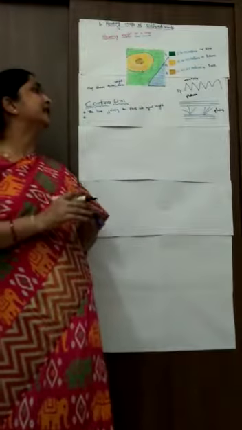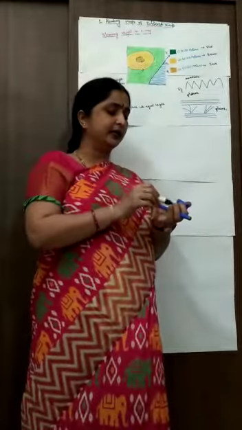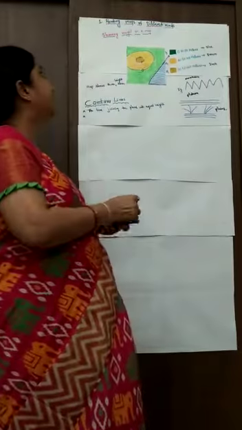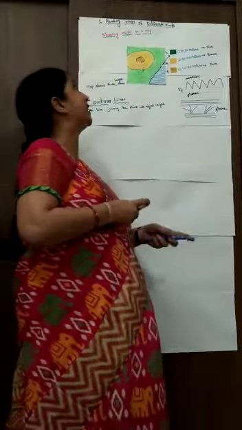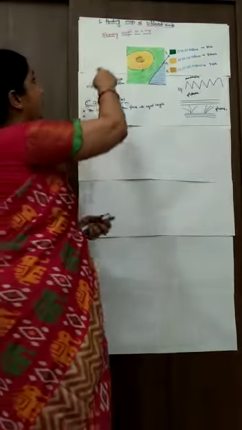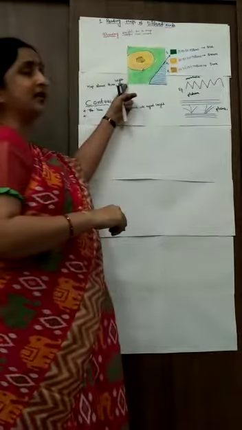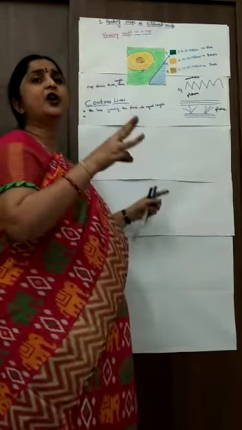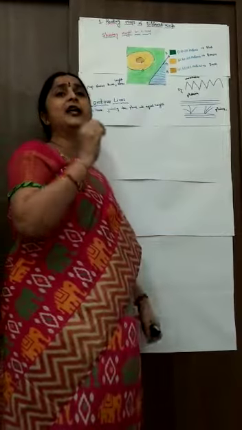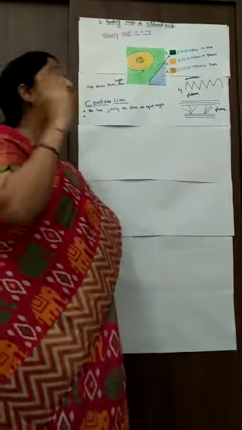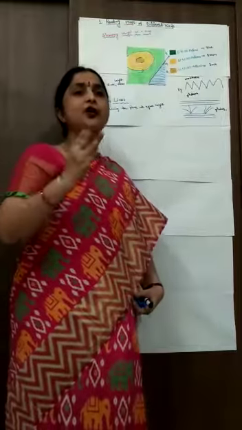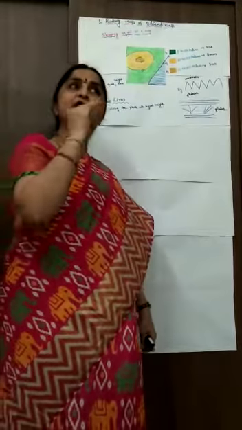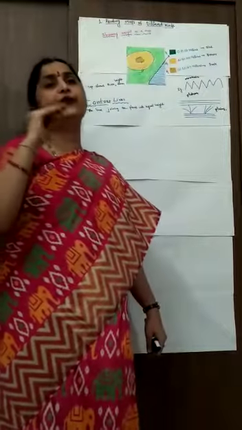So we have completed this lesson in this class. What is the lesson name? Reading of maps and different kinds, showing the height. We took the example of Nipur village and showing the height. There are three height zones. What are the three height zones? The first area is between 0 meters and 50 meters.